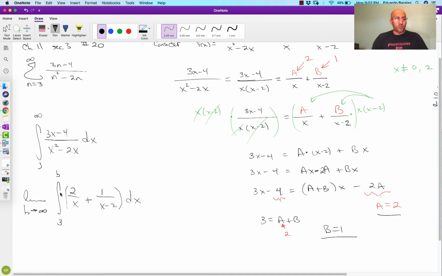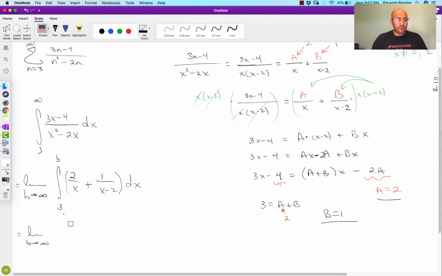Good. Okay, so we can separate each one of these integrals. This is pretty straightforward at this point, right? So let's just go ahead and figure out its antiderivative.